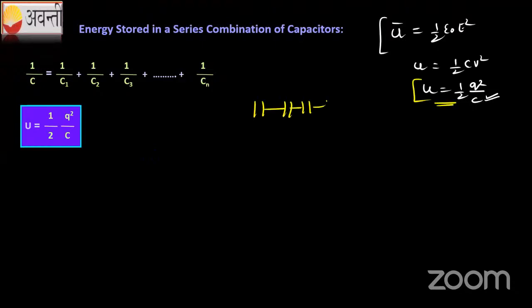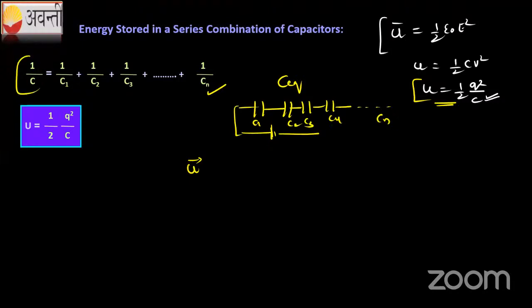When connected in series, the equivalent capacitance can be written as 1 by C equals 1 by C1 plus 1 by C2 plus 1 by C3, and so on up to Cn. This is C1, this is C2, this is C3, this is C4. We add all the reciprocal capacitances.